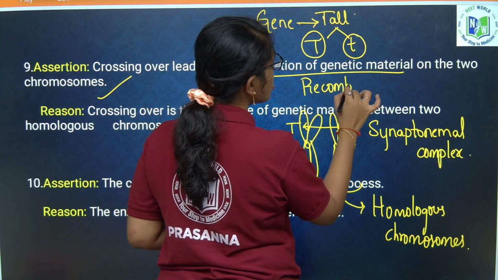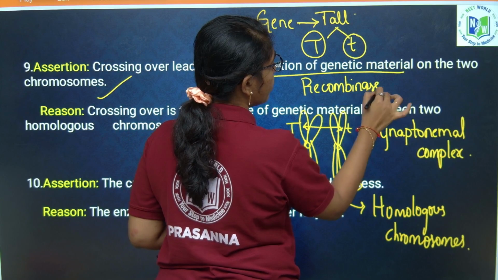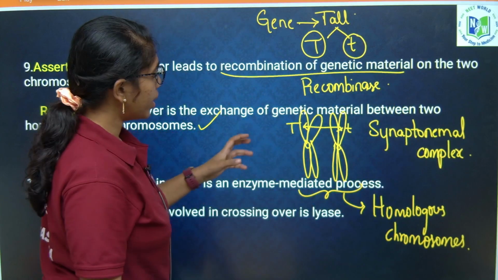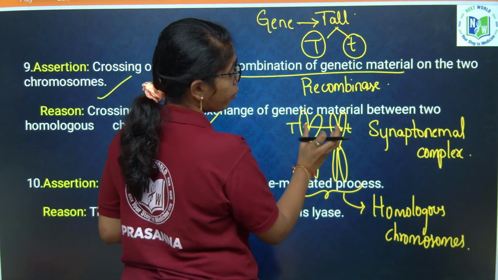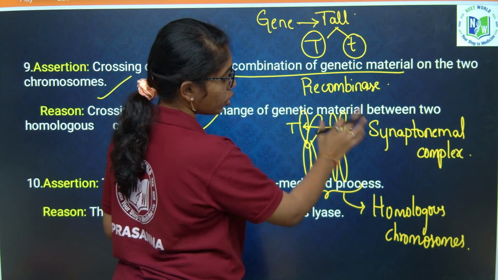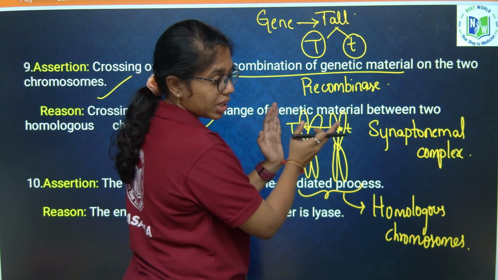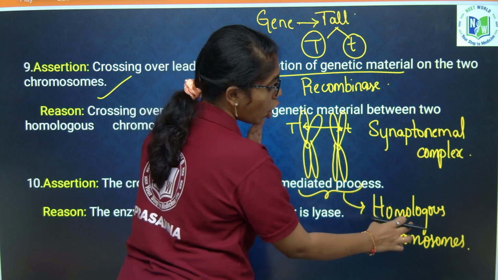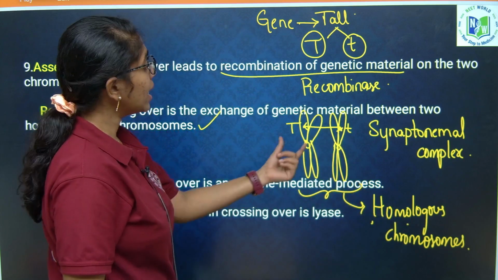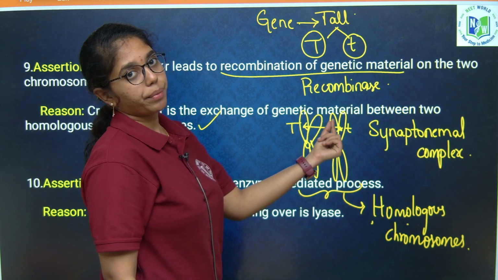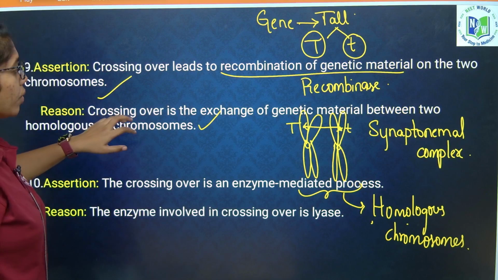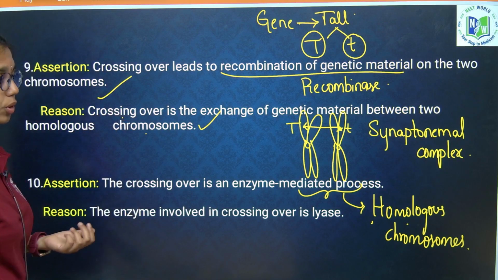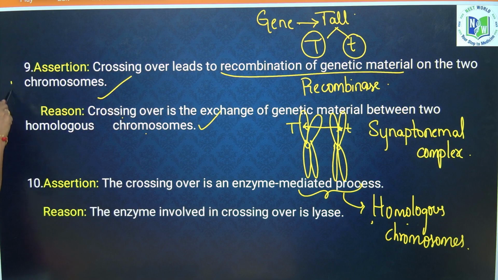Exchange of genetic material takes place in the homologous chromosomes, so crossover occurs between two homologous chromosomes. This is true. When both A and R are true, then the option is B.